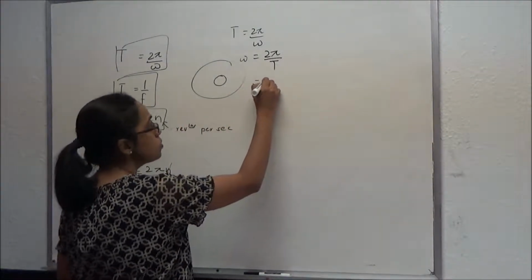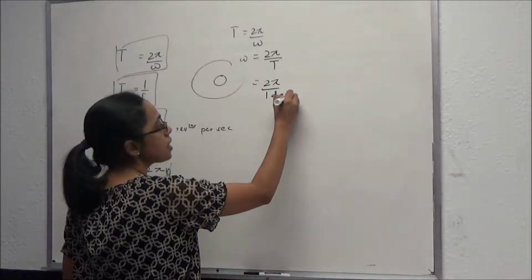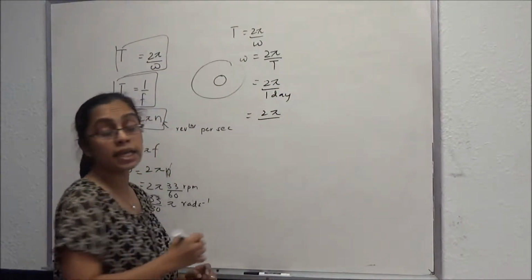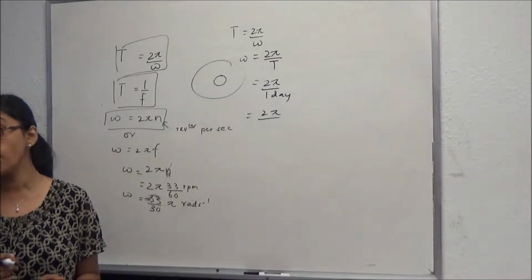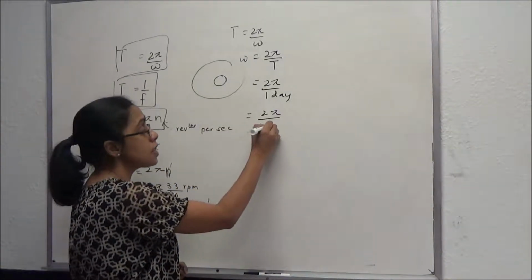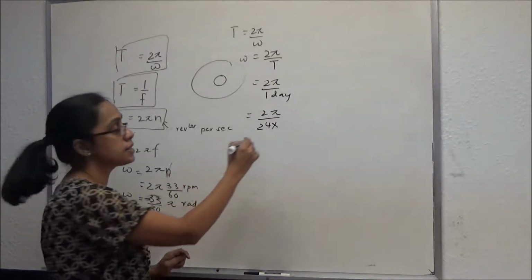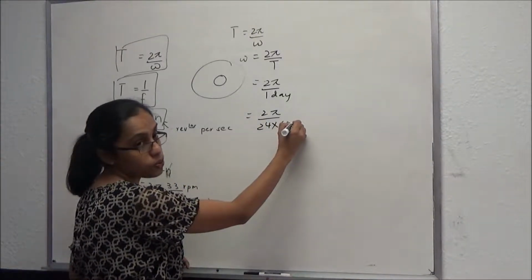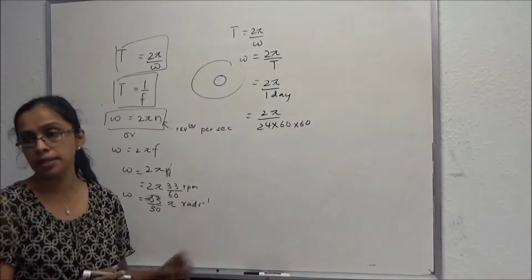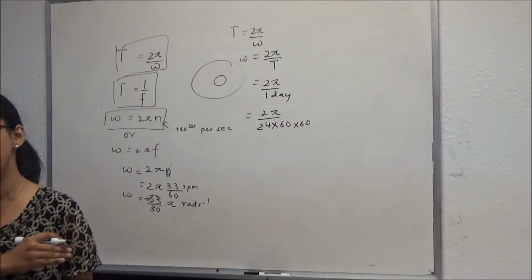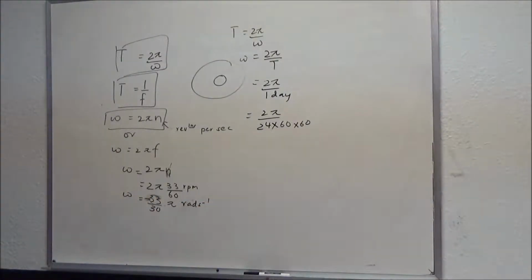So what does 1 day mean in seconds? 1 day has 24 hours, and each hour has 60 times 60 seconds. When you simplify that, you can get the answer. You understand? Alright. You can do that, and I will do the next one too.